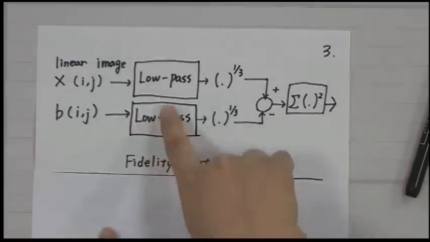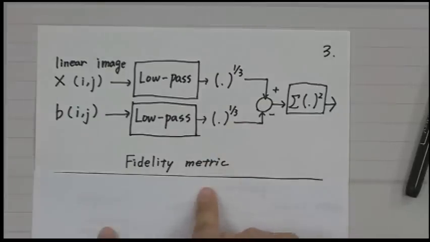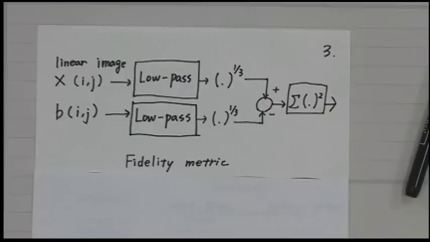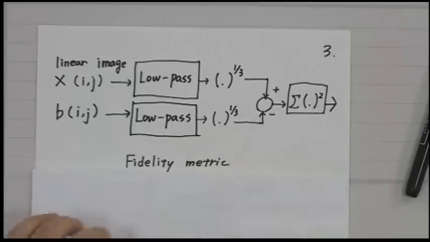And here's a low-pass filter. Do you remember why we use a low-pass filter in the fidelity metric? Human visual system. Right, because our human visual system has a low-pass filter. That's the reason why the low-pass filter is here.